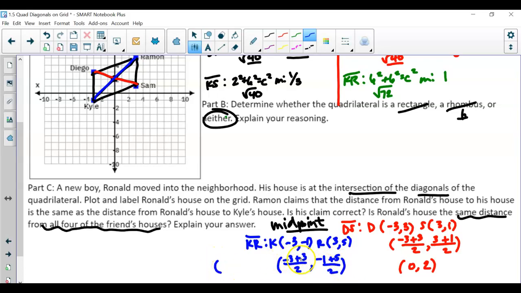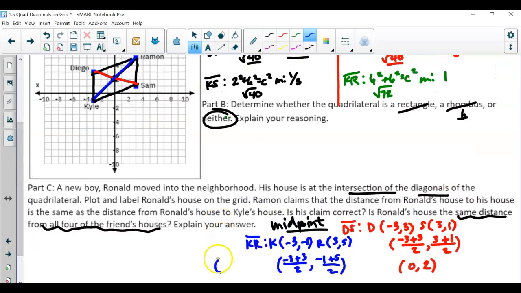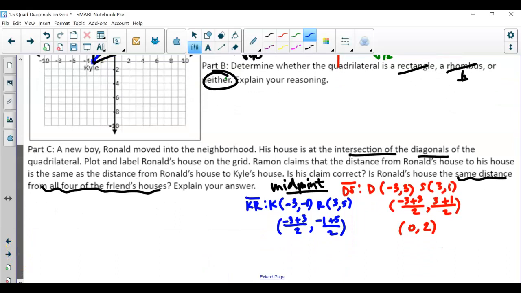Here you end up with 0 divided by 2, which is 0, and 4 divided by 2, which is 2. So notice how the two diagonals have the same midpoint of 0, 2. So that is where Ronald's house would be located, to be the same distance from all four friends' houses.